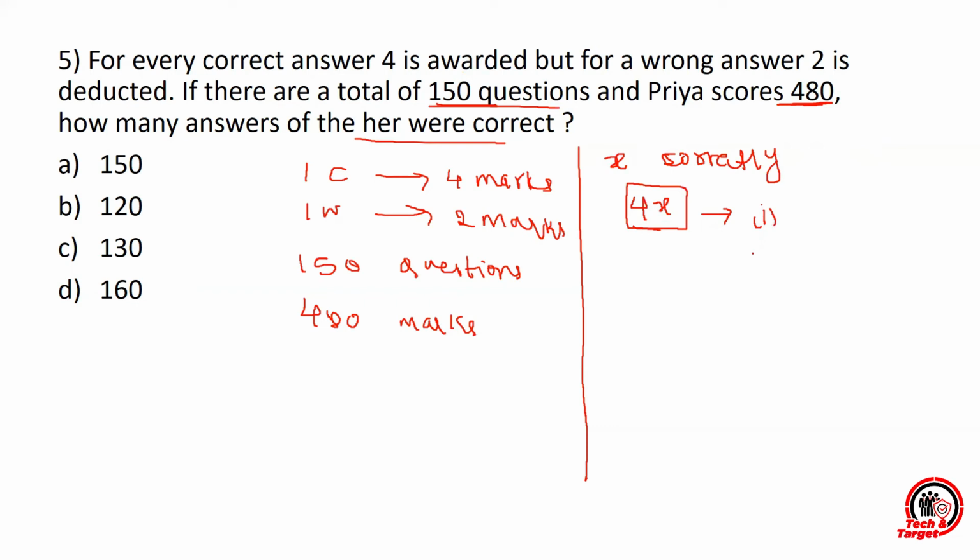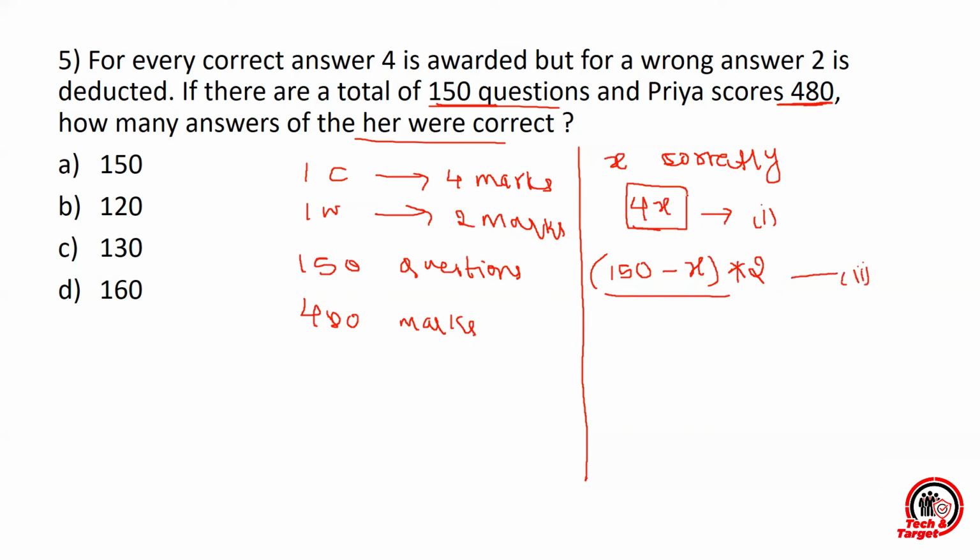We will call this equation 1. Now, if x questions out of 150 are solved correctly, then obviously what is the remaining number of questions? That will be 150 minus x. So from the total, we subtract the number of questions that were solved correctly. And for those questions, we have to subtract 2 marks for each of them, so we'll multiply it by 2 and call it the second equation.